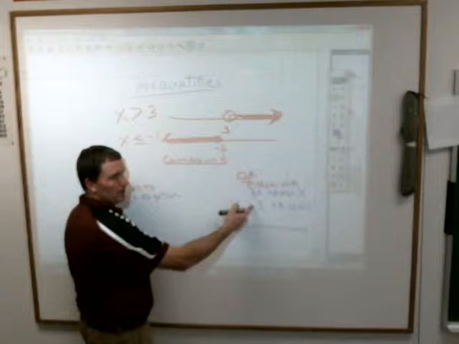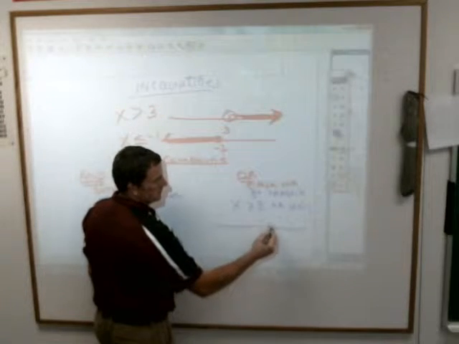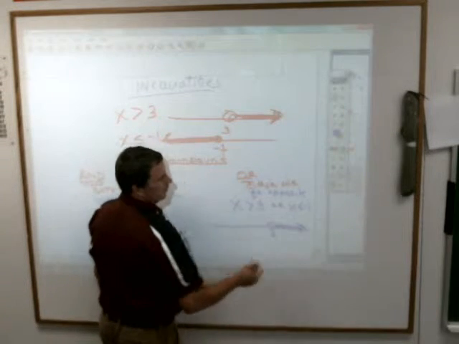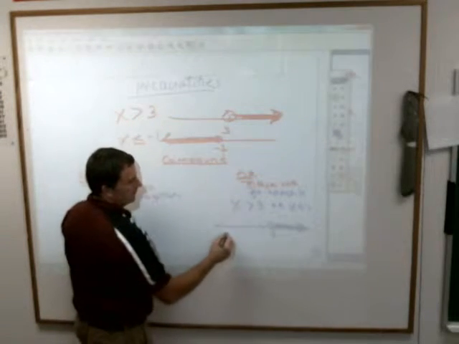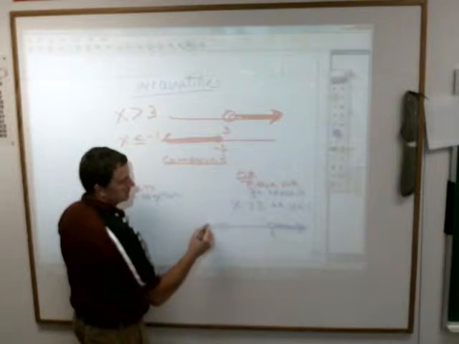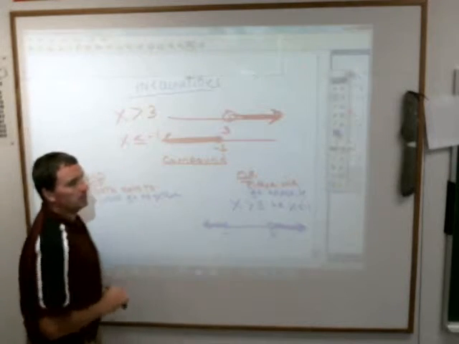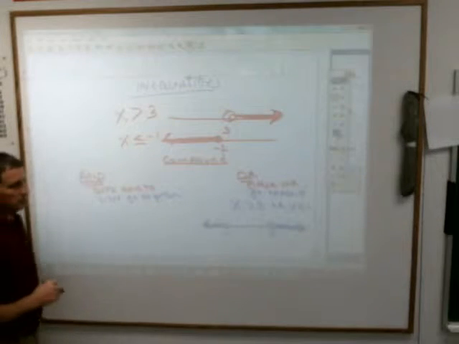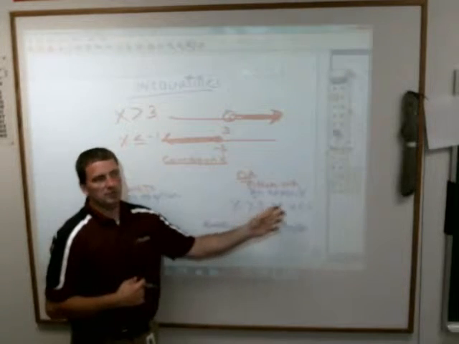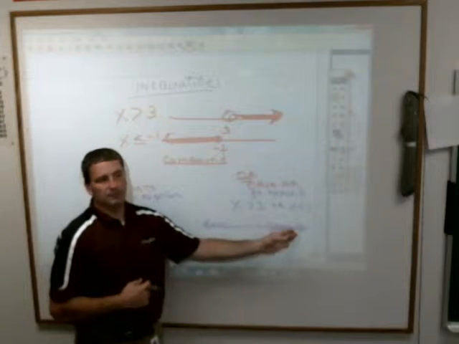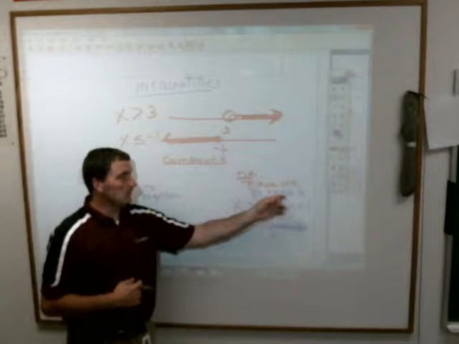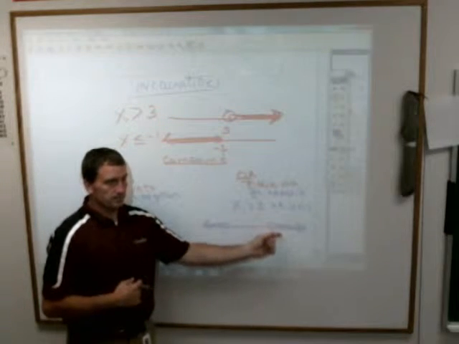The number can either be greater than 3, so at 3 it can be anything bigger than 3 going this way, or at -1 it can be anything less than that going this way. The only numbers it couldn't be would be the ones that fall between there. Does 2 fit in either one of those categories? No. But 5 would be greater than 3, or -2 would be less than -1. Either one can be true for this to work.